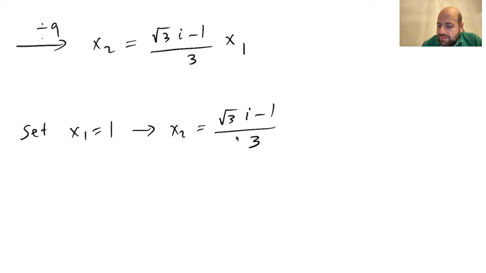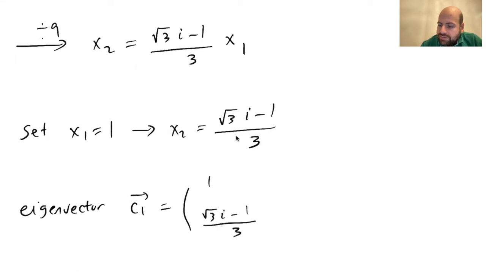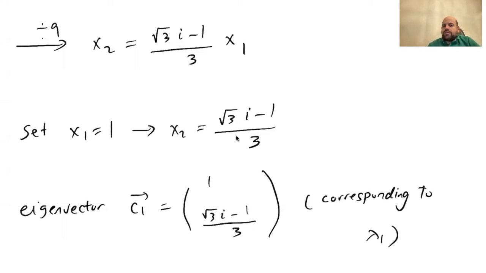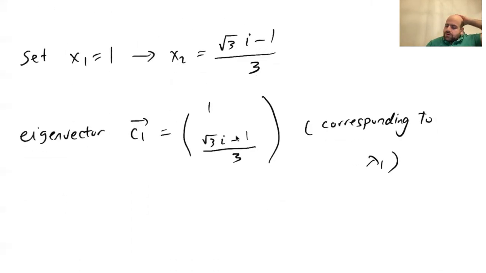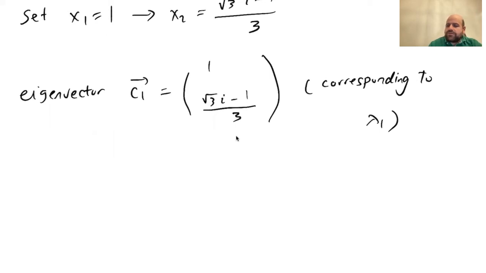So the eigenvector, let's say eigenvector c1 corresponding to lambda 1, will be 1 and root 3i minus 1 divided by 3. We found the eigenvector, and we also found the eigenvalue.